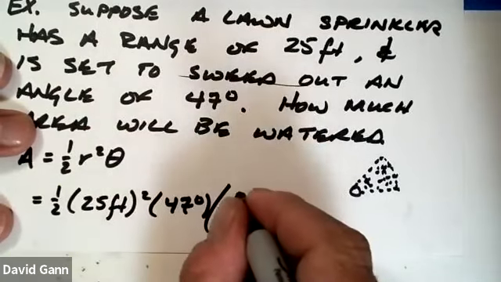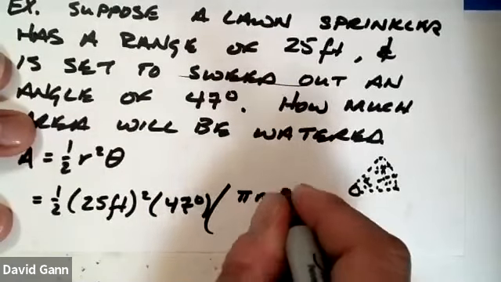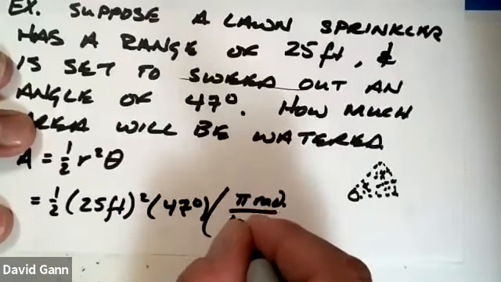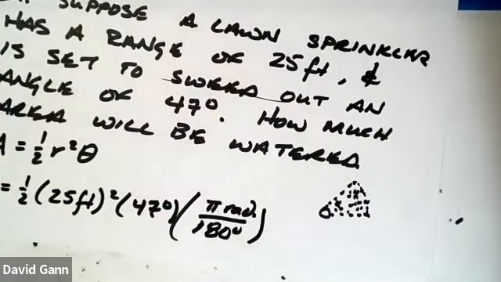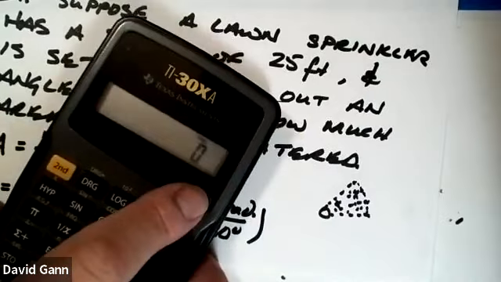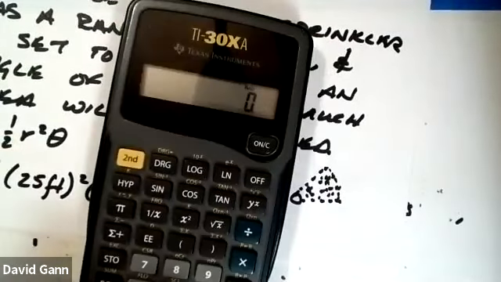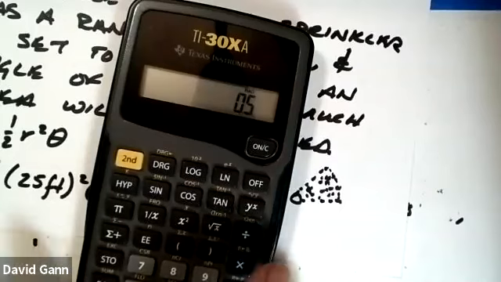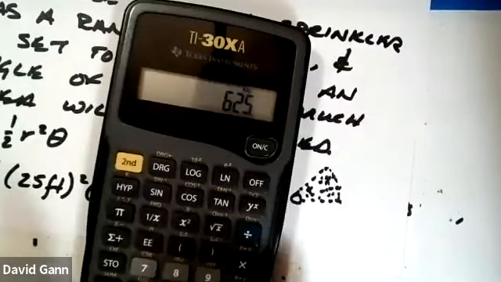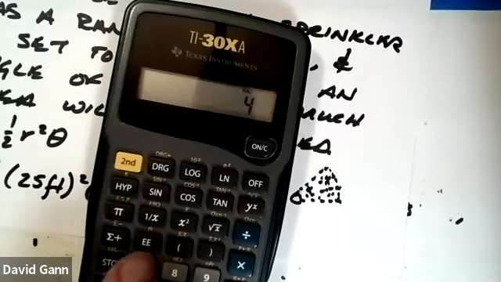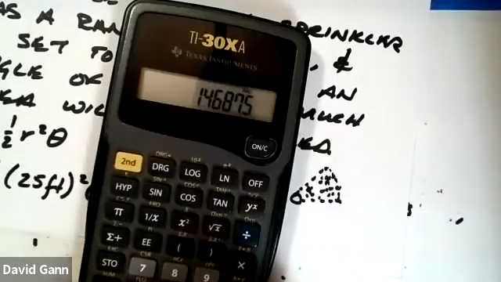Again, we need it in radians, and we want it out of degrees. And then we just calculate. So I've got 1/2 times 25 squared times 47 degrees.